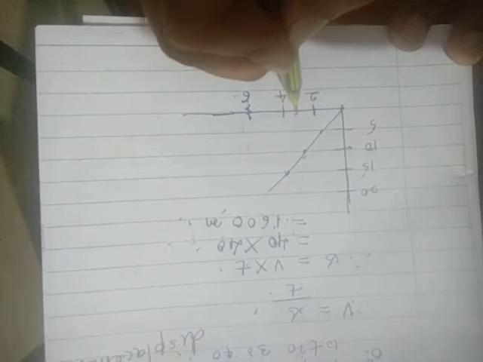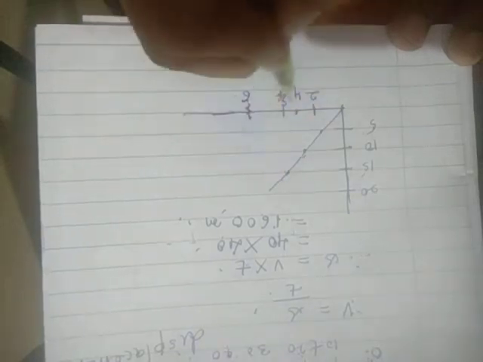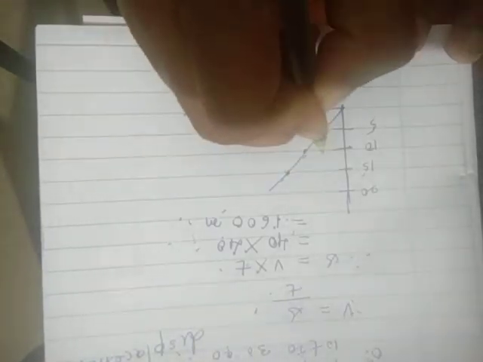We will take the time a little closer, and this is around 6 suppose. Now it has covered this much. Let's suppose this point is A and this point is B.